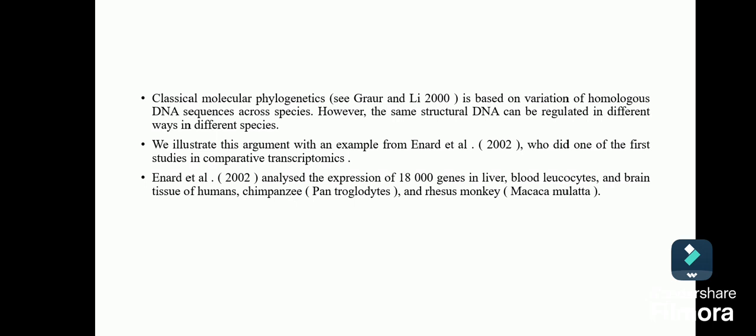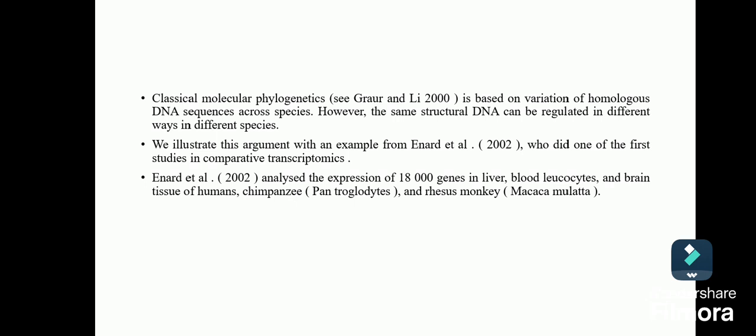Classical molecular phylogenetics, Graur and Li 2000, is based on variation of homologous DNA sequence across species. However, the same structural DNA can be regulated in different ways in different species. We illustrate this argument with an example from Enard et al. 2002, who did one of the first studies in comparative transcriptomics.